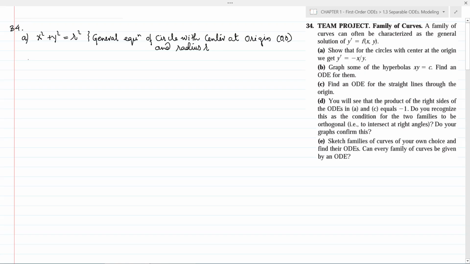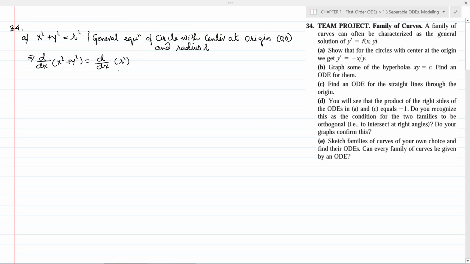To get the corresponding differential equation, we will differentiate this equation both sides with respect to x, and we can write d by dx of x square plus y square equal to d by dx of r square.